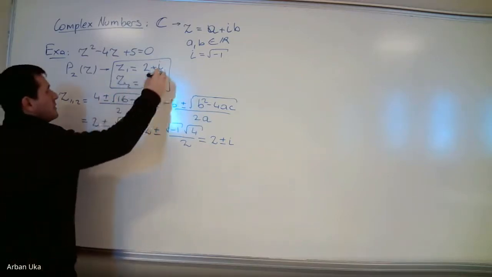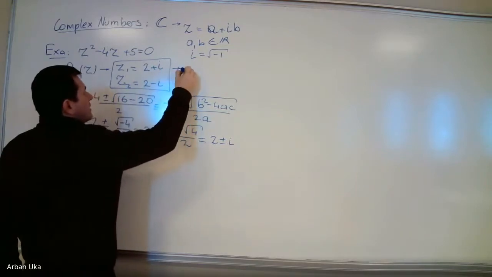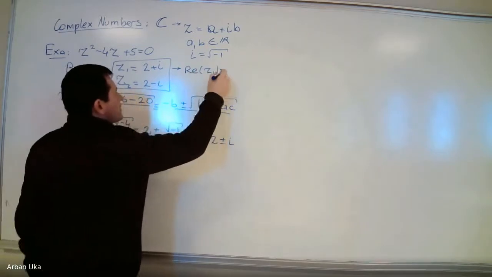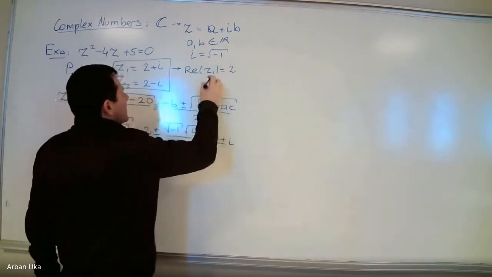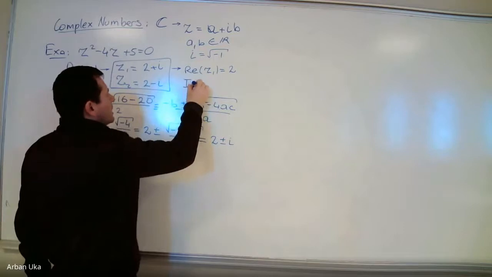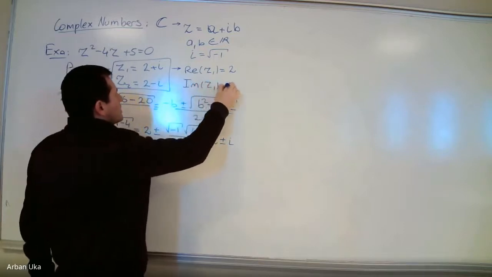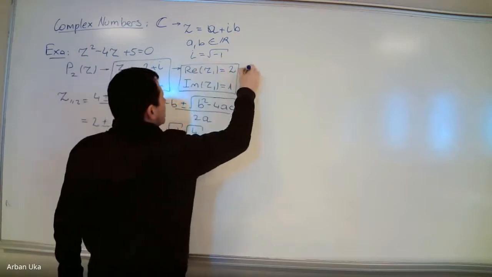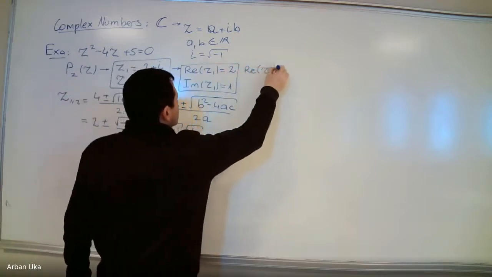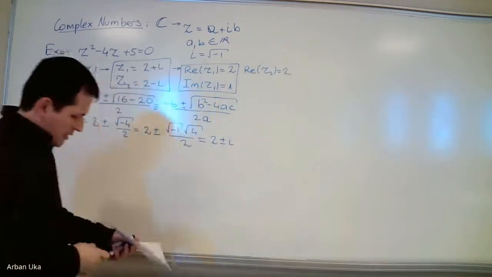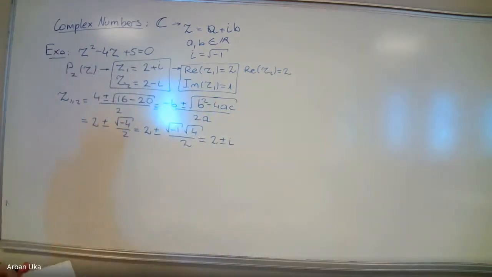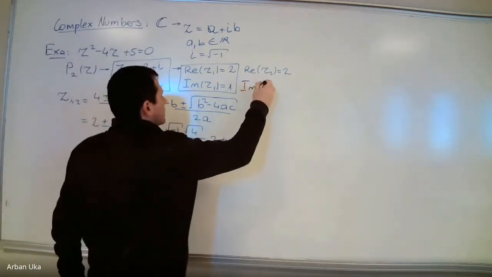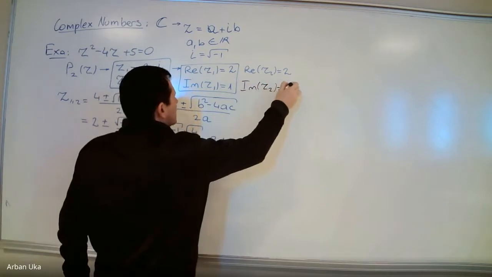We can consider the real part of z1, which is equal to 2, and the imaginary part of z1, which is equal to 1. Then the real part of z2 is equal to 2 again, and the imaginary part of z2 is equal to -1.